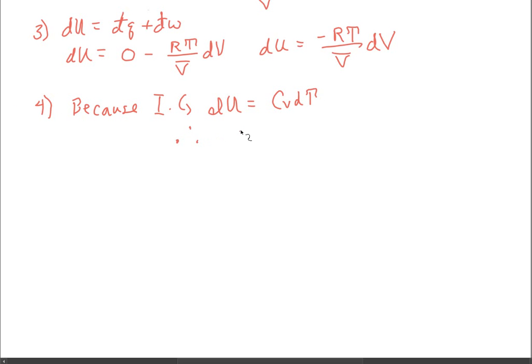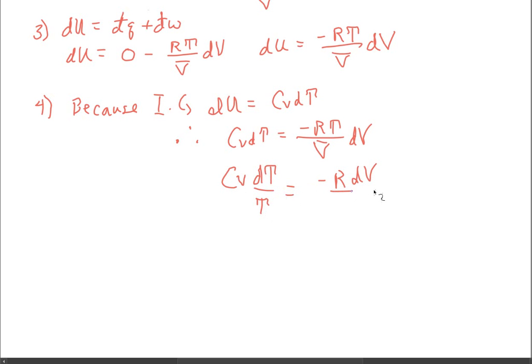Therefore, CV dT is equal to minus RT over V dV. And we can divide both sides by T, so we'll get CV dT over T is equal to minus R dV over V.